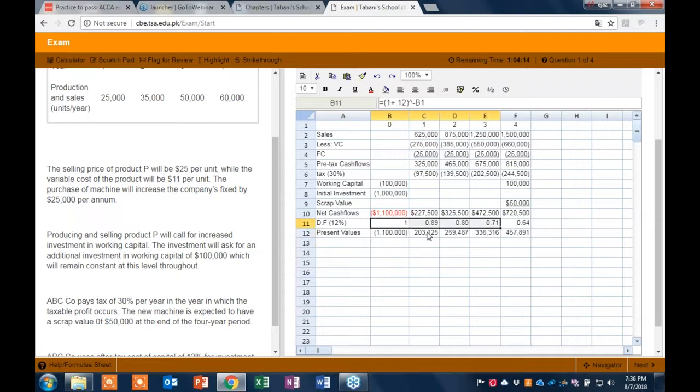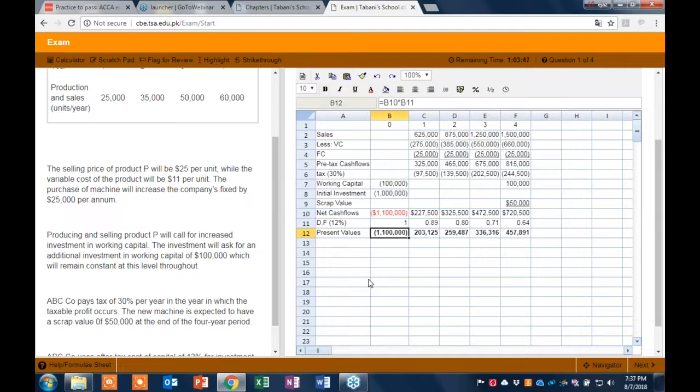I'll just try to underline these figures for the sake of presentation, or I may highlight. I may go to highlight this cell. So there's a bold figure.